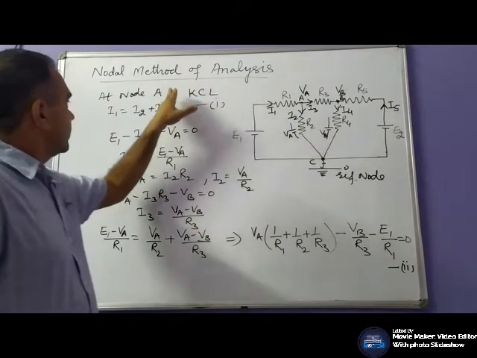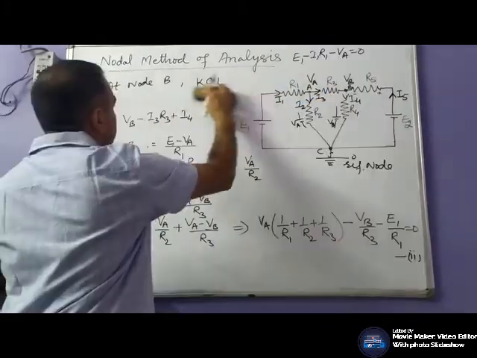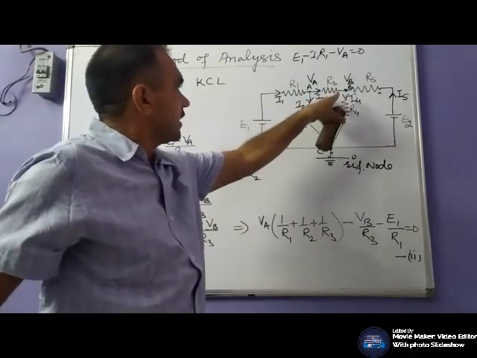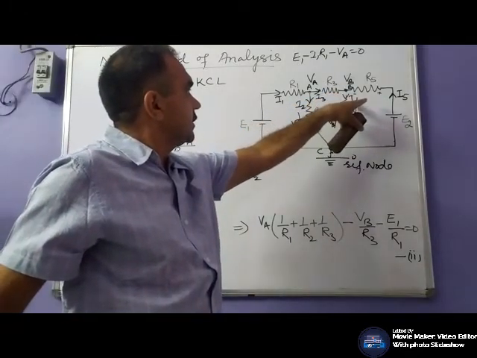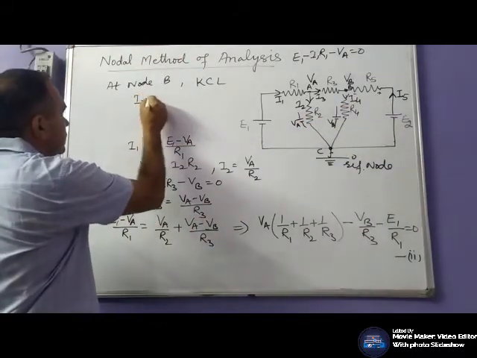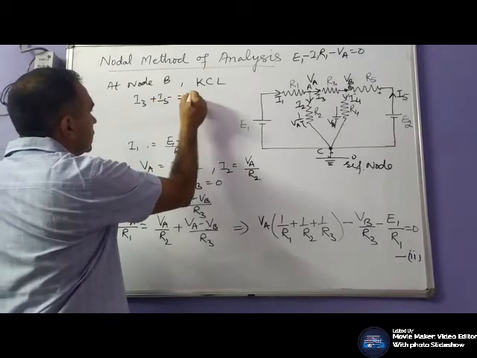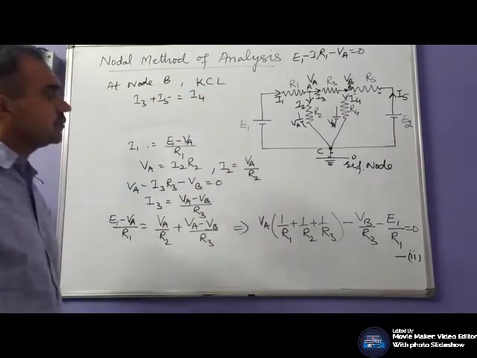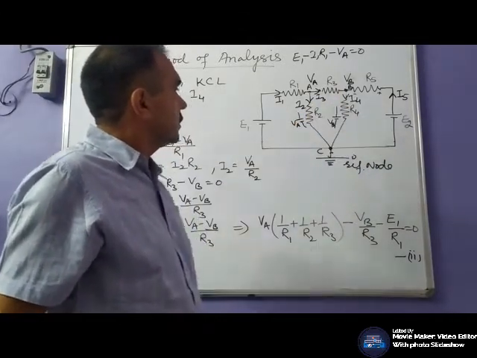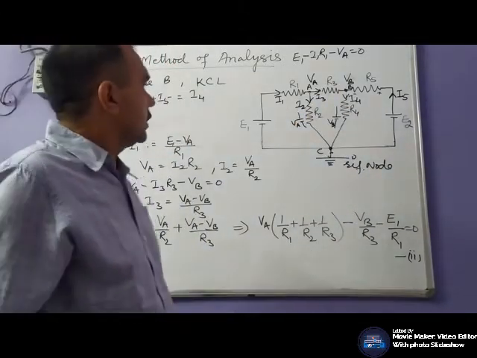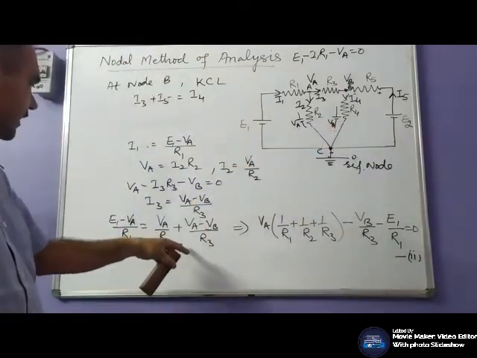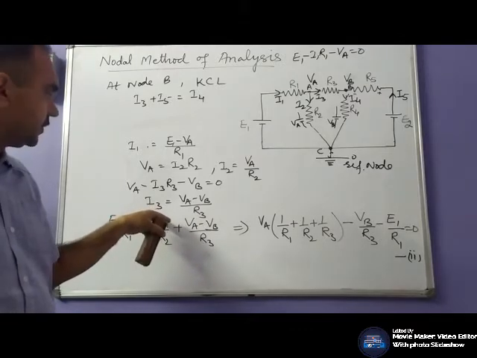Now apply KCL at node B. What is I3 plus I5 is equal to I4. Now to find I3 we have already found this: (VA minus VB) by R3.